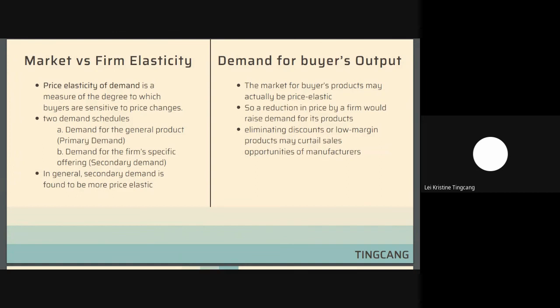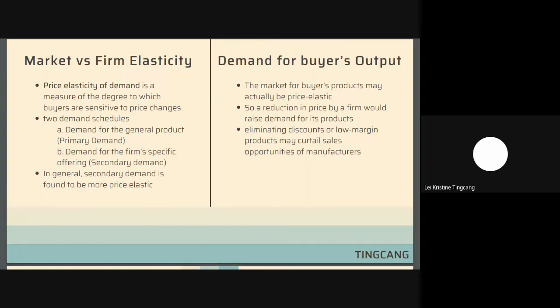The first being primary demand or demand for the general product, in which an increase in aggregate demand means increase in demand for the product of all firms. The second demand schedule is secondary demand or the demand for the firm's specific offering, which is the demand for goods or services produced by only one firm, and in general, this demand schedule is found to be more price elastic than the primary demand.